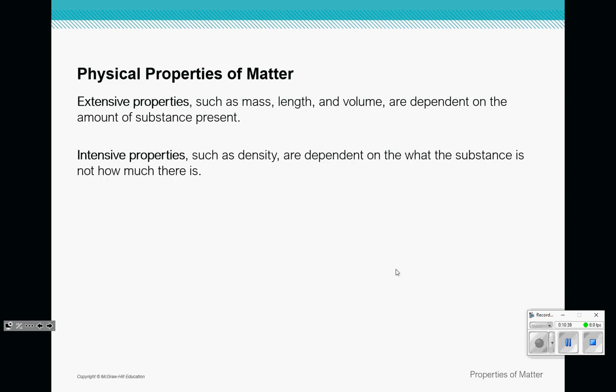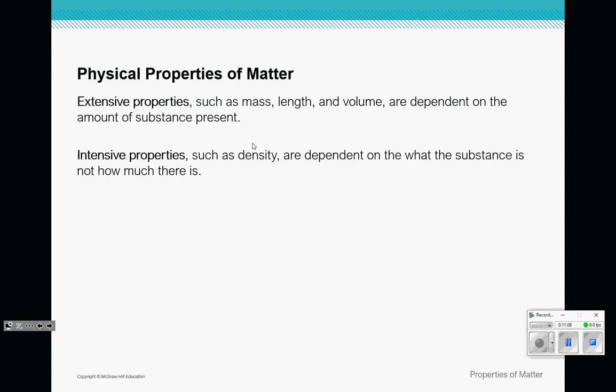So you could think of things like, for instance, mass. Well, the more you have, the more massive it's going to be. You can think of things as length. The more you have, the more area it's going to take up. So length and volume, these are extensive properties. Intensive properties, get that down also, such as density, are dependent on what the substance is, not how much there is.